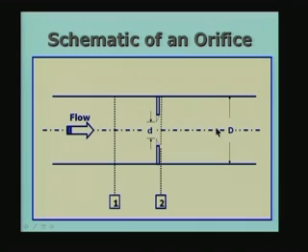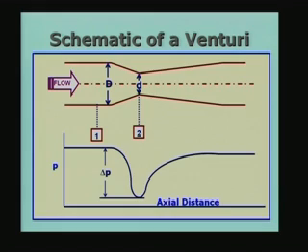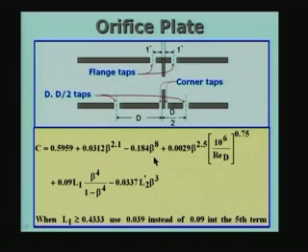The beta is the symbol which is used for all the three different types of flow meters, the orifice plate, the nozzle as well as the venturi. So, it depends on beta. Secondly, it depends on the Reynolds number of the fluid flow within the pipe in this portion.